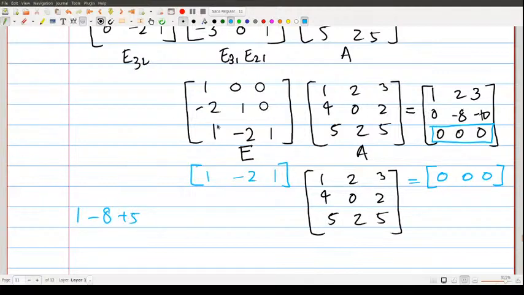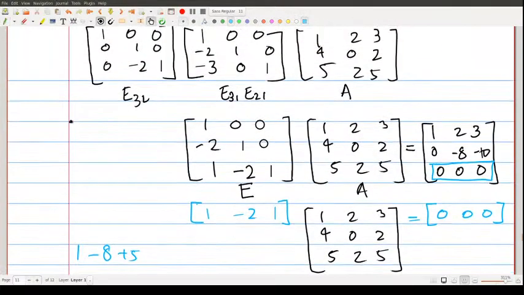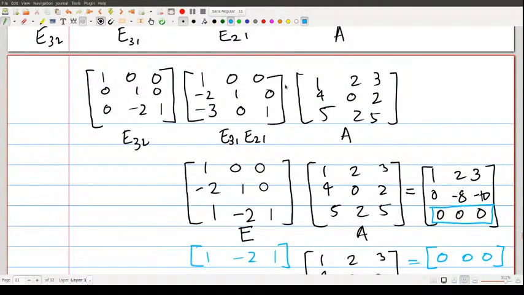I think I've made a mistake in building this E matrix, so let me just find that mistake. So I had 1, 0, 0, 0, minus 2, 1, 0, 0, minus 2 is minus 4. Okay, so this should have been minus 7, I think. Minus 2 is 4, minus 3 is 1, that's fine. And minus 2, fine. Where did I make a mistake?